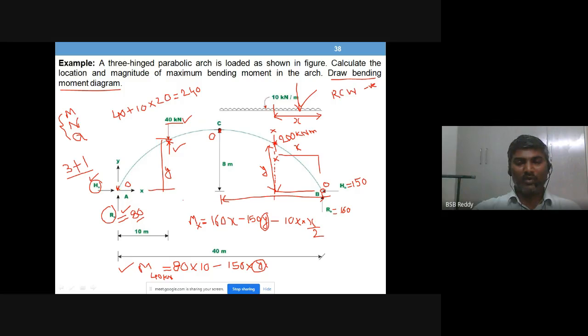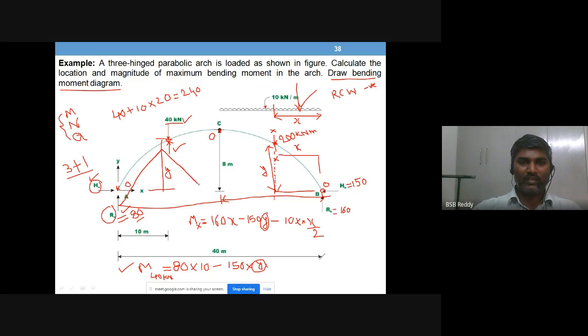So how do you complete the bending moment diagram? It is as good as your beam now. If you take a reference line like this, the maximum bending moment in the AC portion we will definitely expect under the point load. It is a well known fact.